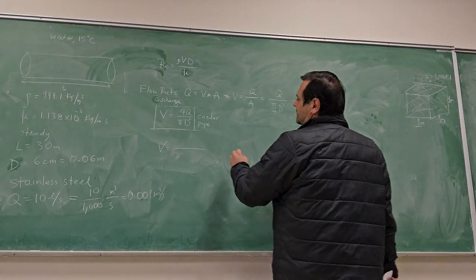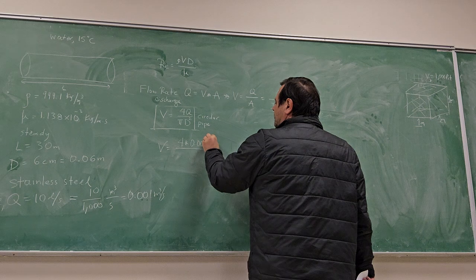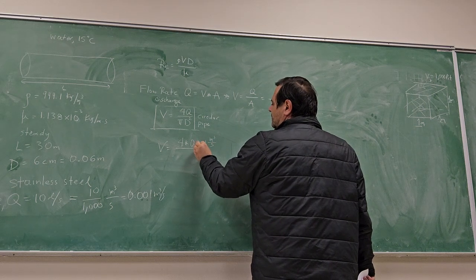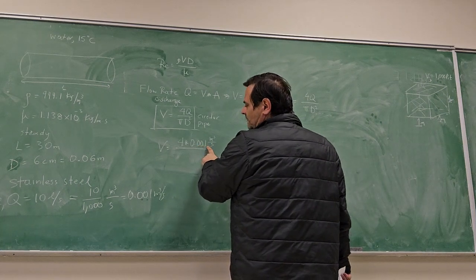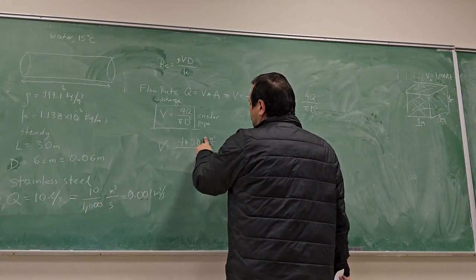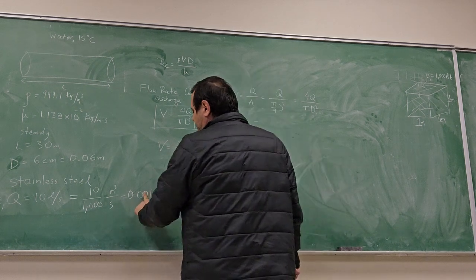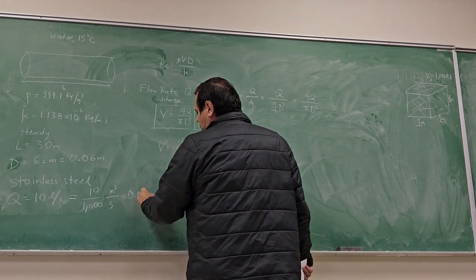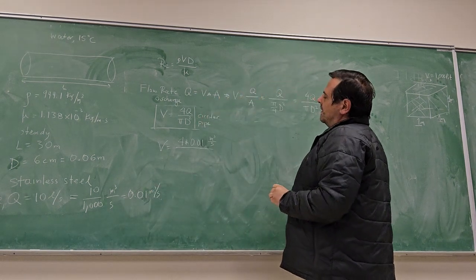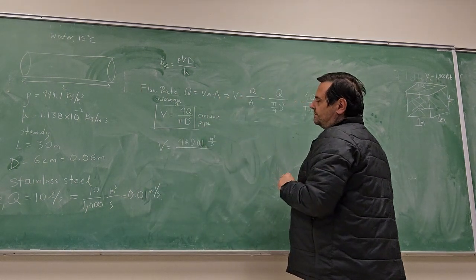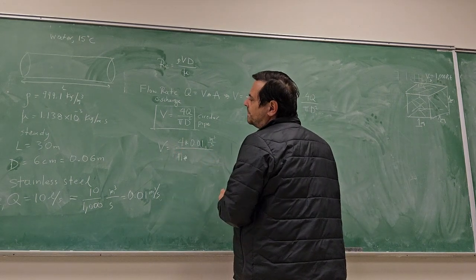So where are we here? 4 times 0.01 cubic meter per second, divided by pi times the diameter of the pipe.